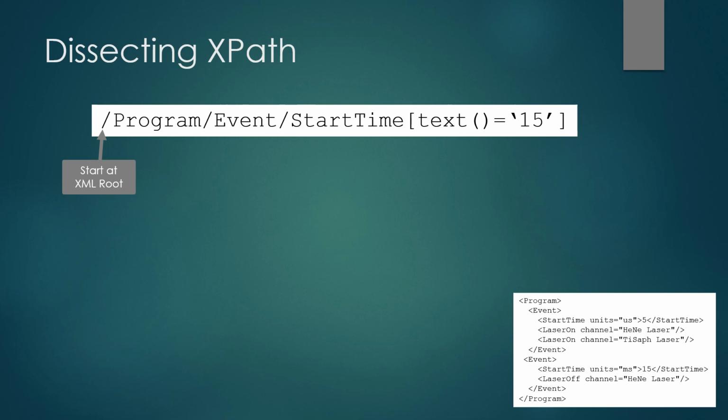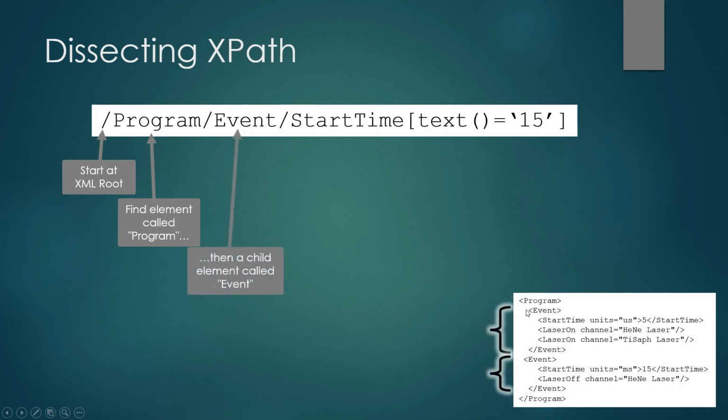But the file you're talking about, so it's a specific file. Okay, start at the root. Great. This curly bracket is the whole root. Then from that, find an element called program. So we started from the top, then we wanted to find something called program. Cool. Then from that, we want to find event.